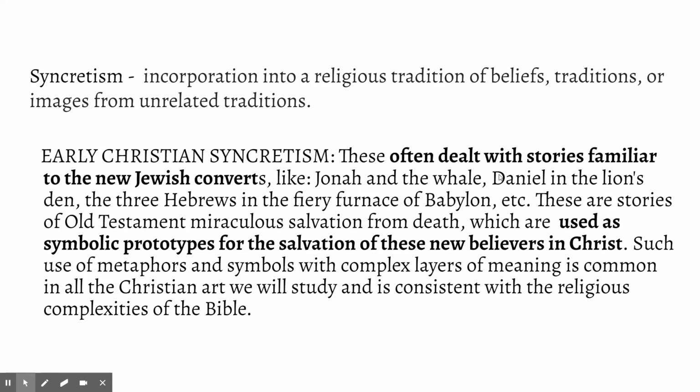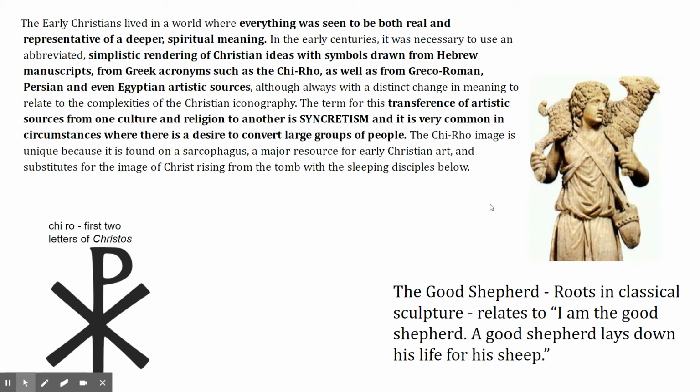Okay? So we have the Good Shepherd image. The Good Shepherd image was actually a very popular image in Greek and other classical, i.e. Roman, sculpture. These pastoral images of this very young, attractive looking shepherd going off in search of one particular animal, in this case, a sheep, right?